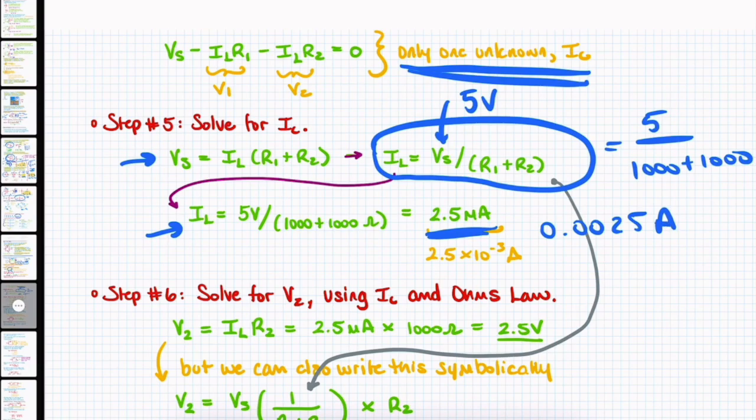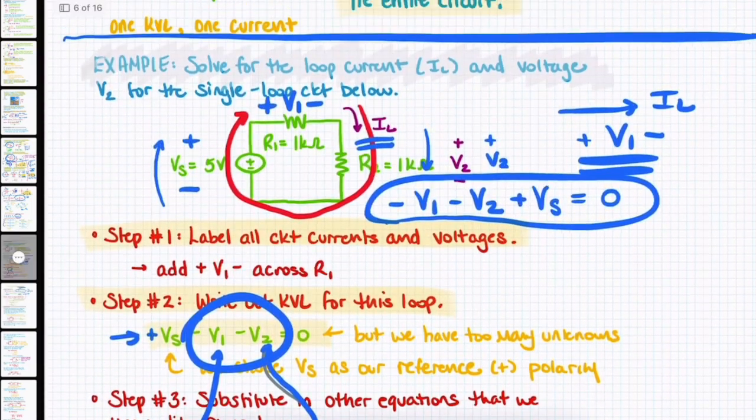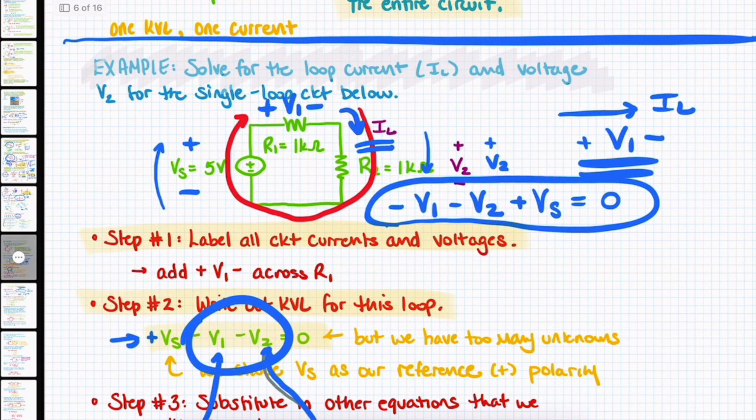So that's one of the values that we were looking for, which is IL. Again, the direction is that which is specified by that purple arrow right there. We started out the problem assuming that IL flowed in the clockwise direction, and so the numerical answer relies on that assumption. So the current is 2.5 milliamps flowing clockwise.